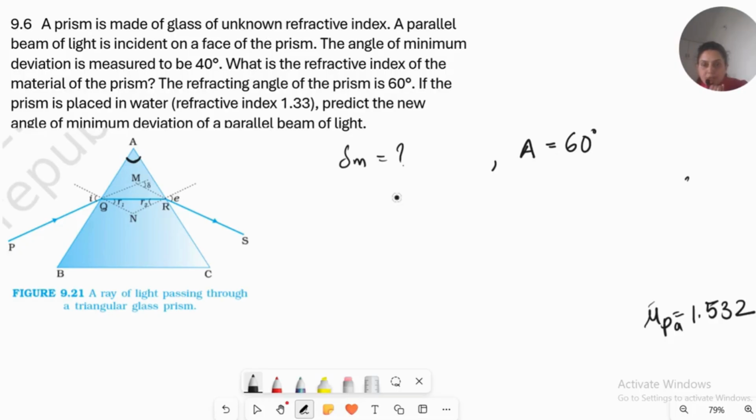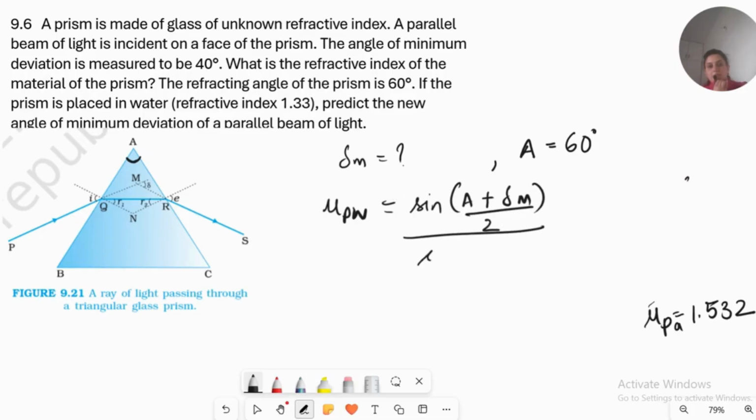So the new formula will become: the refractive index of prism with respect to water will be given as sine of (A plus delta m) whole divided by 2, divided by sine of A divided by 2.